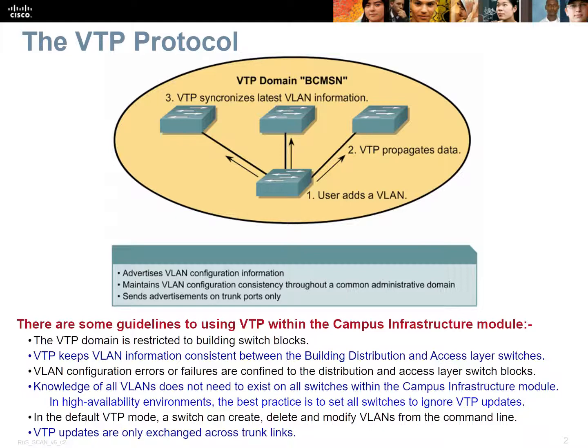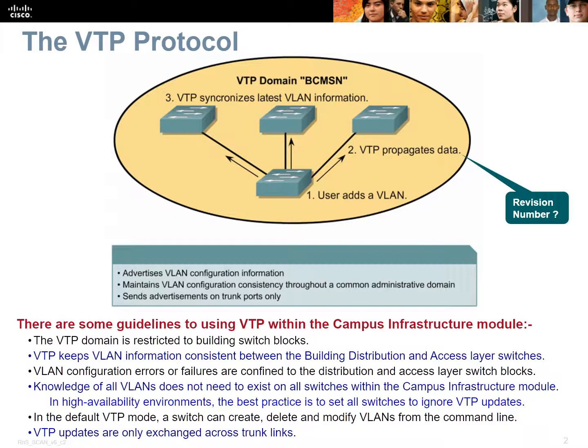But you've got to be really careful, because if you misconfigure your VTP or leave it on the defaults, someone can inject information into your VTP domain that you don't want. The revision number is a critical factor as well.